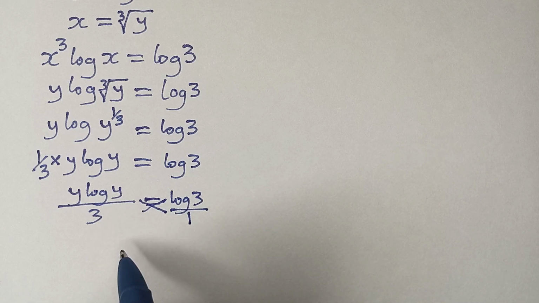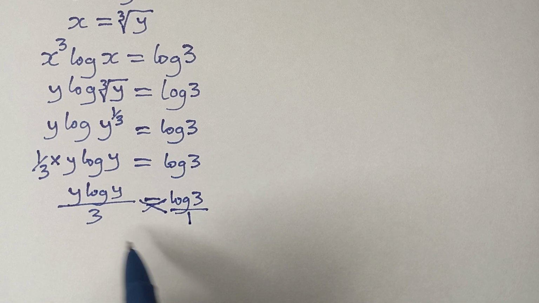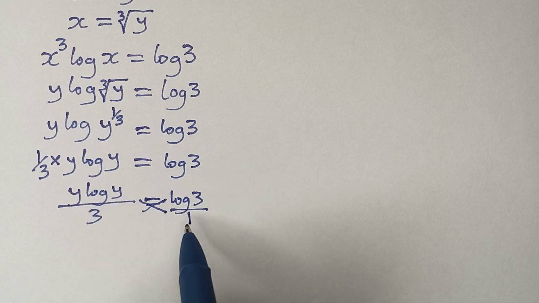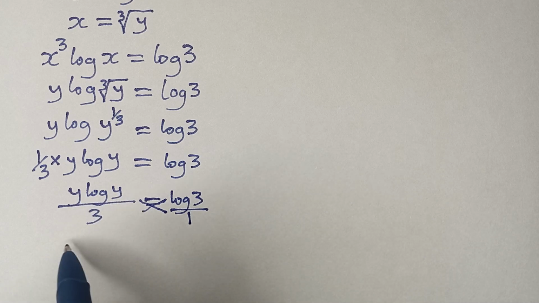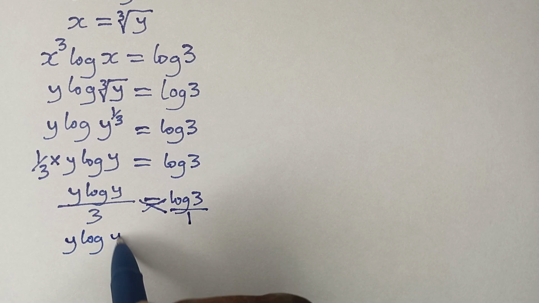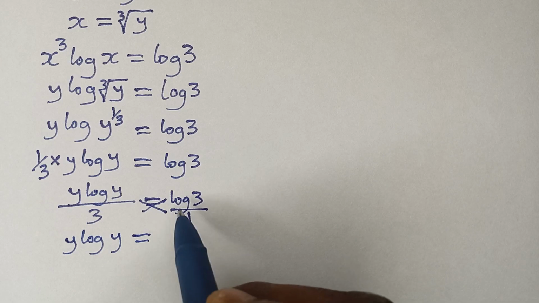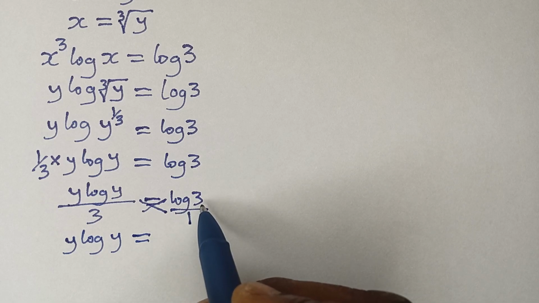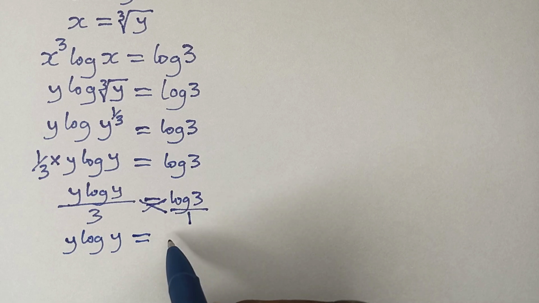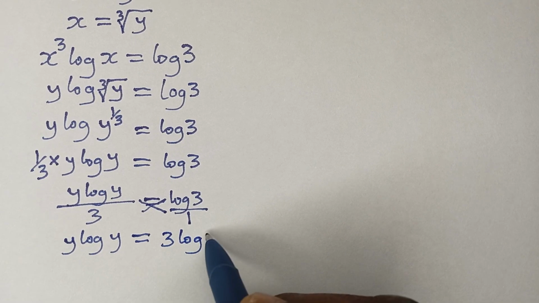So that is cross multiplication when we have single fractions on both sides of an equation. So y log y multiplied by 1 will simply give me y log y, and that will be equal to 3 multiplied by log 3, which will simply give me 3 log 3.